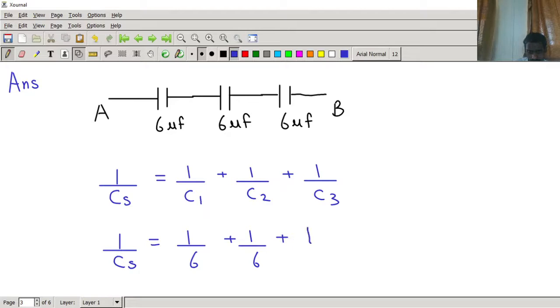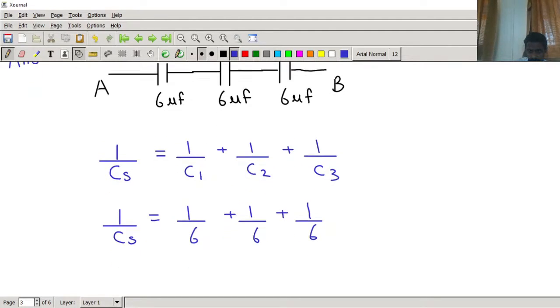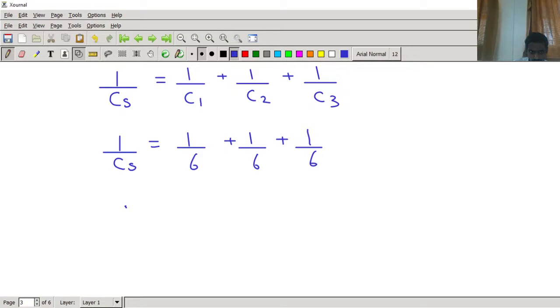Taking the 6 common in the denominator, the answer is 1 plus 1 plus 1, that is 3 by 6.